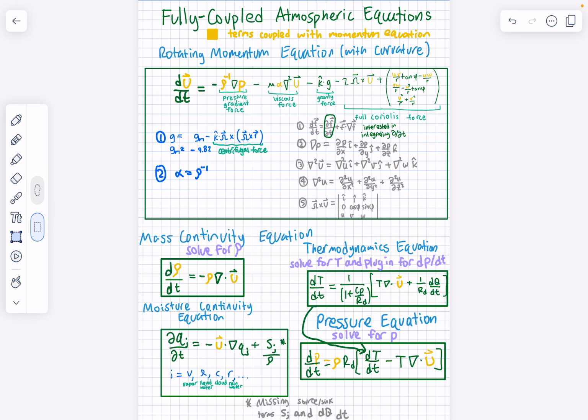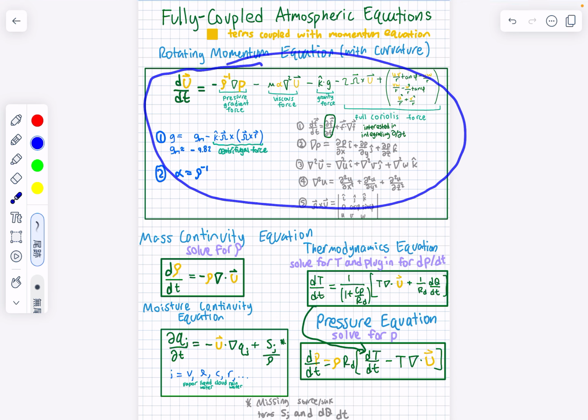But for this video, first we have the momentum equation, which in previous videos I called the atmospheric equation, just because it calculates the wind velocity and how that changes, but it's also called the momentum equation.